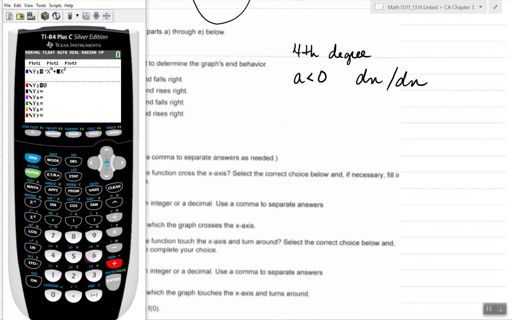I'm going to move here and do second insert and try to get the 6 in there. I did. So negative x to the 4th plus 16x squared. And I'm going to do a zoom 6. Waiting on the graph.